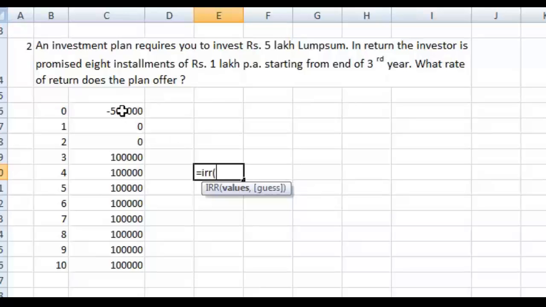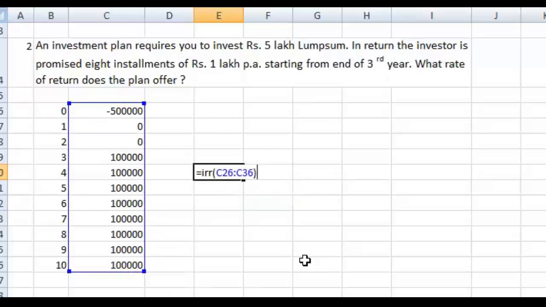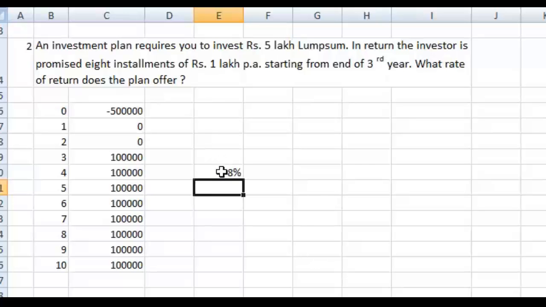Equal to IRR, put in all the values, close the bracket and press enter. You get 8%. Remember, many a times when you find rate, it is rounded off. Similarly, IRR also gives you rates, so that is also rounded off. You need to increase the decimals up to 2 decimal points, and here we have our answer, which is 7.74%.